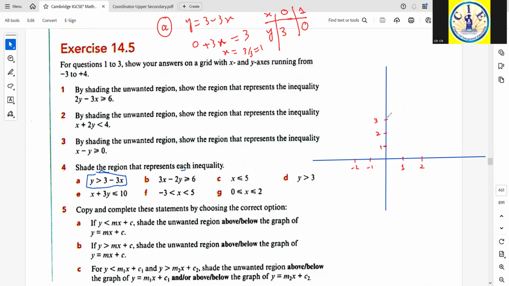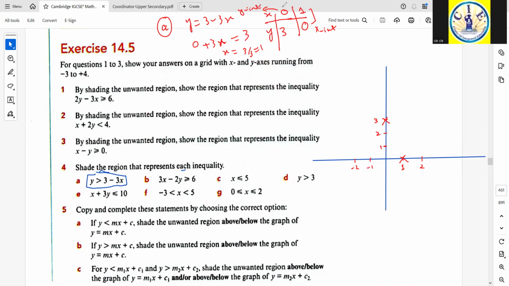The points are x 0, y 3. This is the first point, and then x 1, y 0. So this is the x-intercept, and this is the y-intercept.